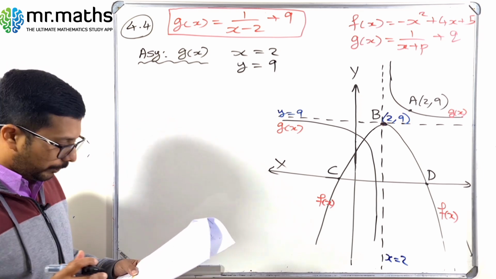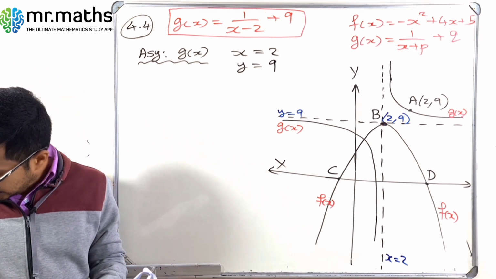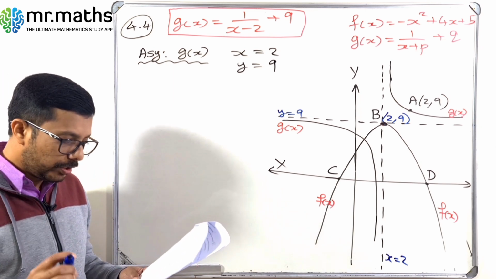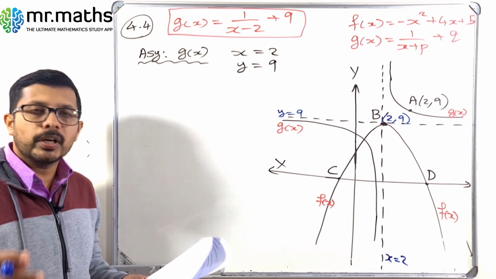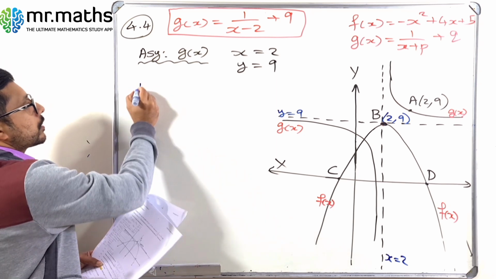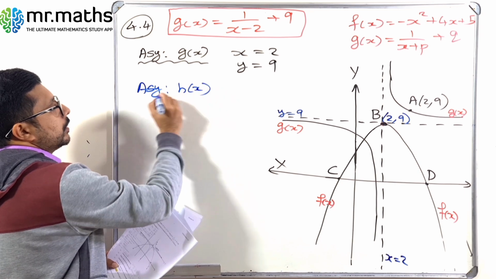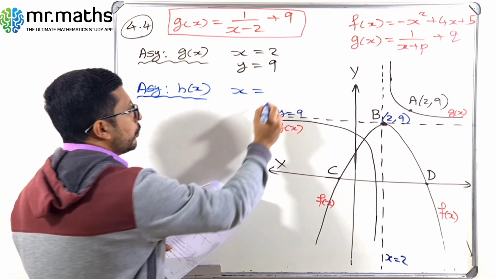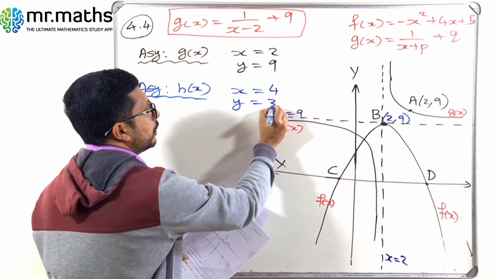Okay. Now the graph h, what is written there in the question? The graph of h where h of x is equal to g of x plus m plus n has asymptotes x is equal to 4 and y is equal to 3. So it is given in the question that the asymptotes of the new graph h of x are x is equal to 4 and y is equal to 3.